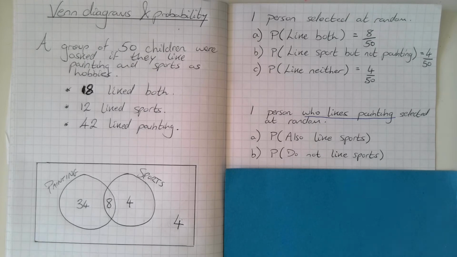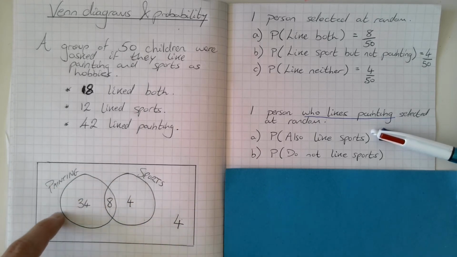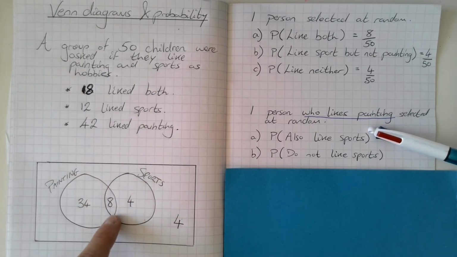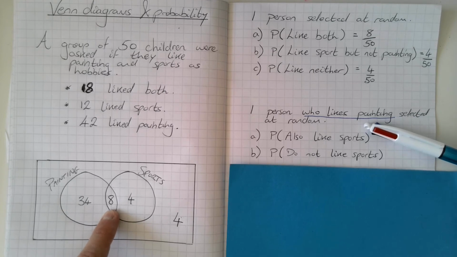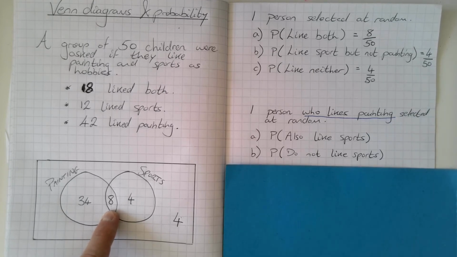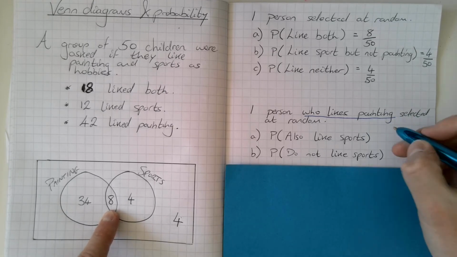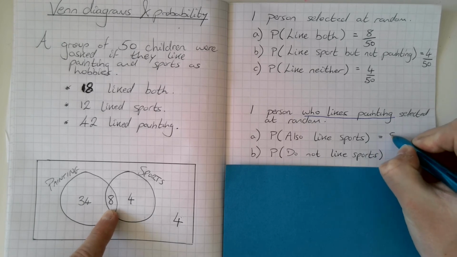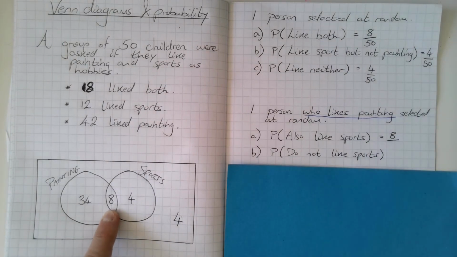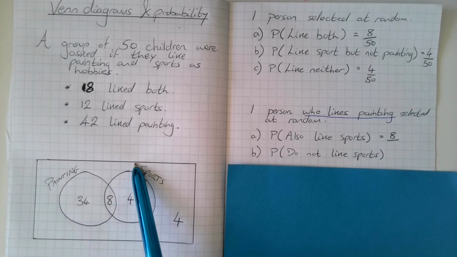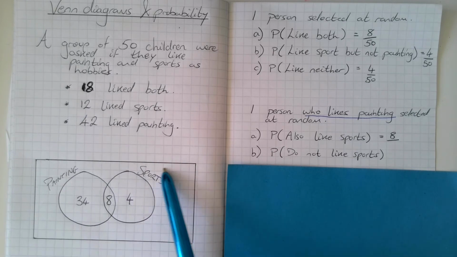And it says, what is the probability, for part A, that they also like sport? Well, out of the people that like painting, this is the little section of people that also like sports. And there are 8 of them that like painting and sport, so it's 8. But this time, instead of it being out of 50, I didn't choose someone at random from the whole group this time.